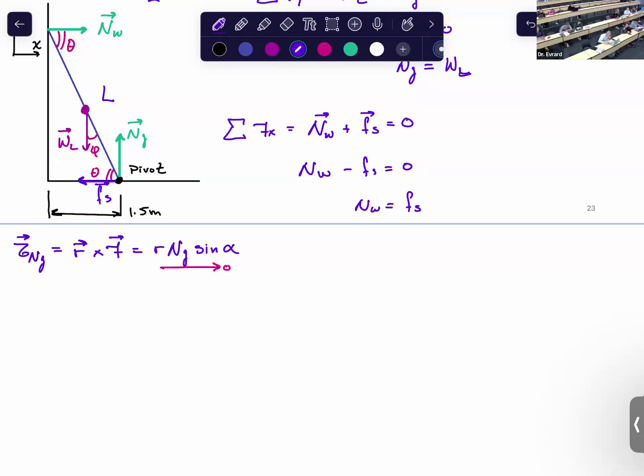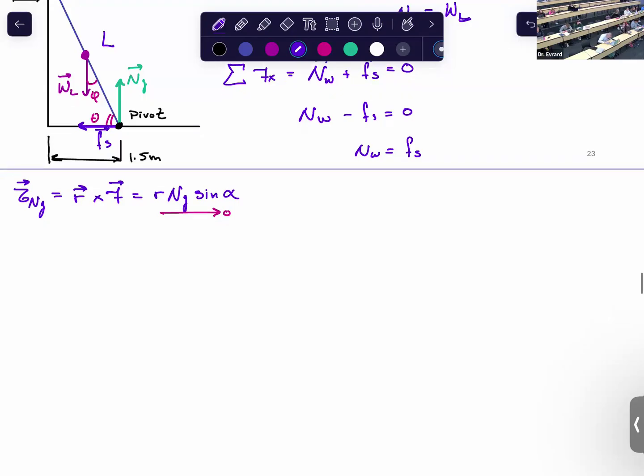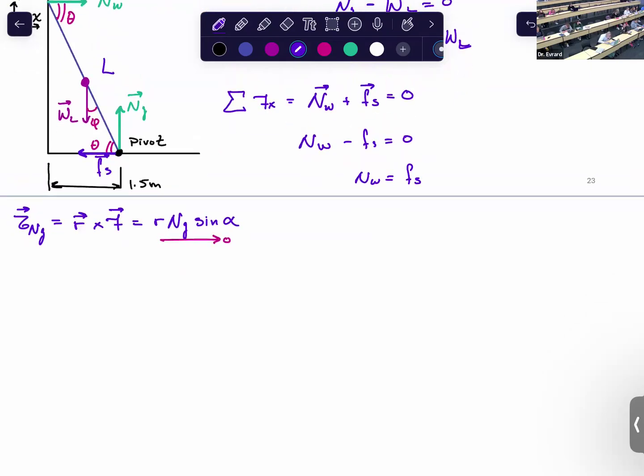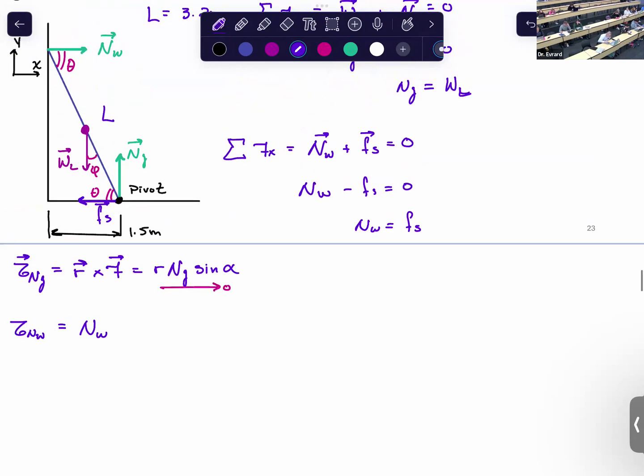So we need the wall and what else? The weight of the ladder. Yeah, the weight of the ladder. Okay, so the torque for the normal force due to the wall is going to be the normal force due to the wall times R. What's R in this case?